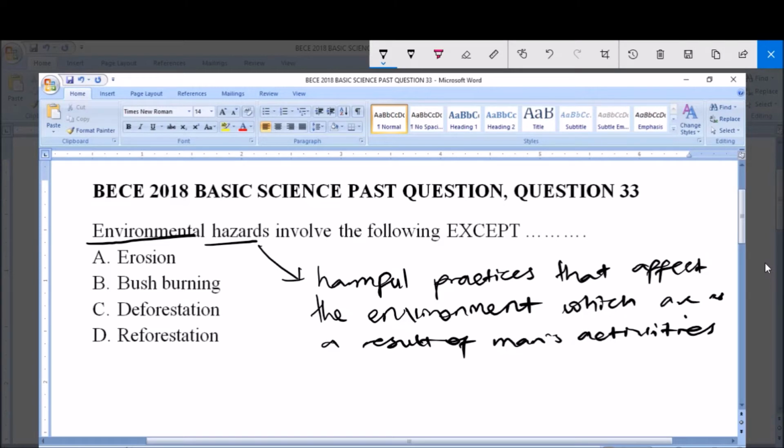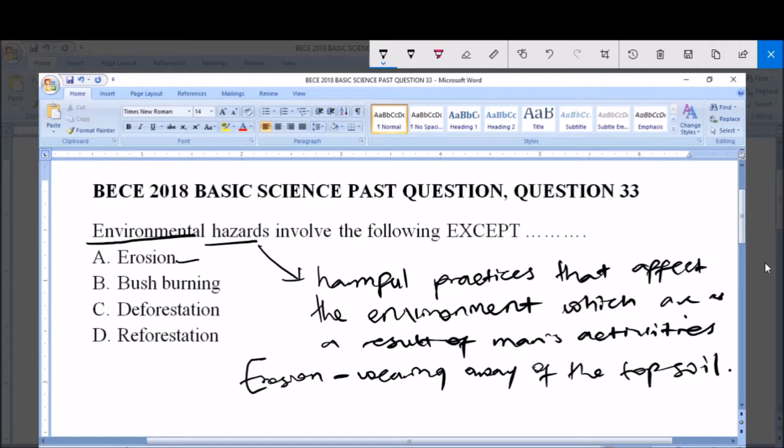A says erosion, and like we know, erosion simply means the wearing away of the topsoil, and this can be as a result of wind or water, as in flooding.